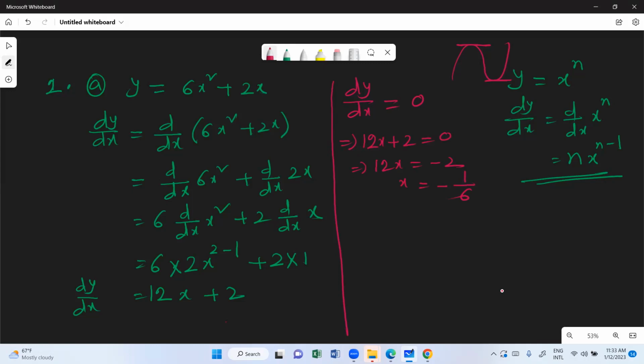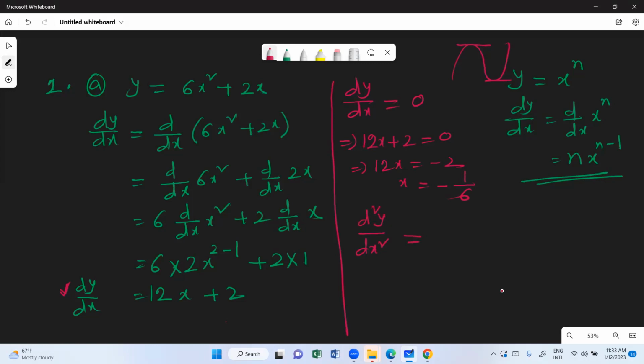Okay. Now we want to find out whether the stationary point is maximum or minimum. So what will we do? We will differentiate dy by dx again. So we get d square y by dx square.